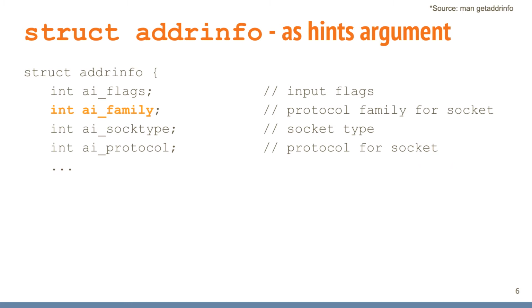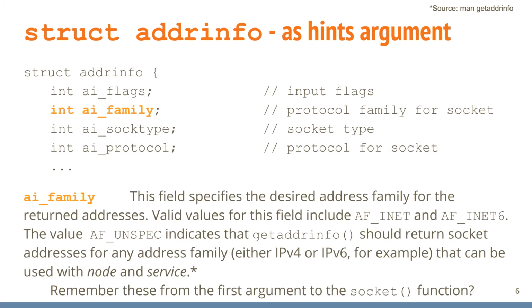The second member of the addrinfo structure is called ai_family. You might have guessed from the name that the address family can be specified here. So for example, if you only want the IPv4 address returned by getaddrinfo, you could specify that here by setting ai_family to AF_INET. For IPv6, you could simply use AF_INET6.